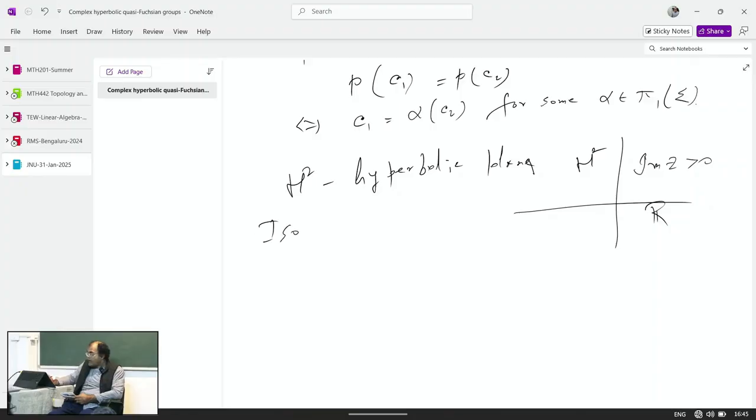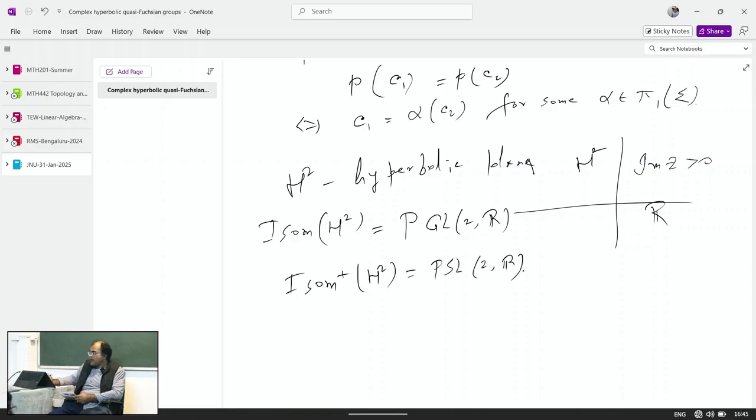And what is the isometry group of hyperbolic space? That is PGL2R. Okay. So the orientation preserving isometries is PSL2R. Otherwise, the full group of isometries has two components, one orientation preserving and one orientation reversing.